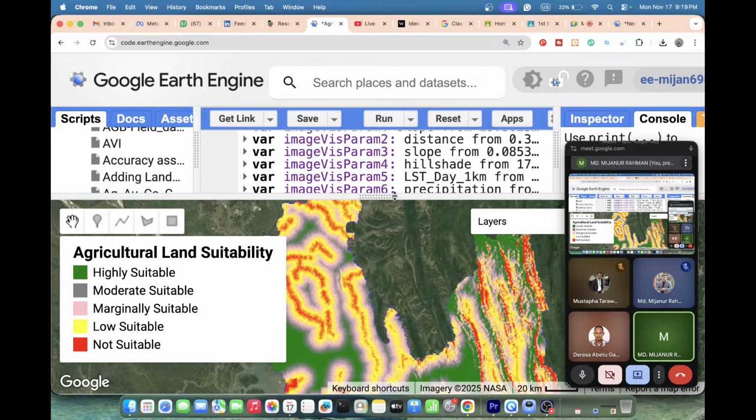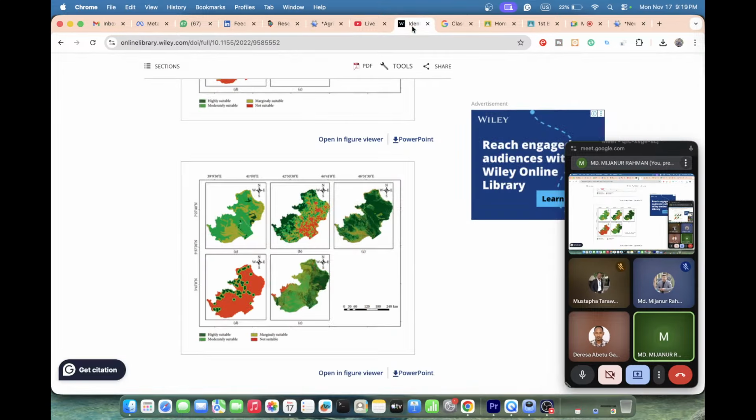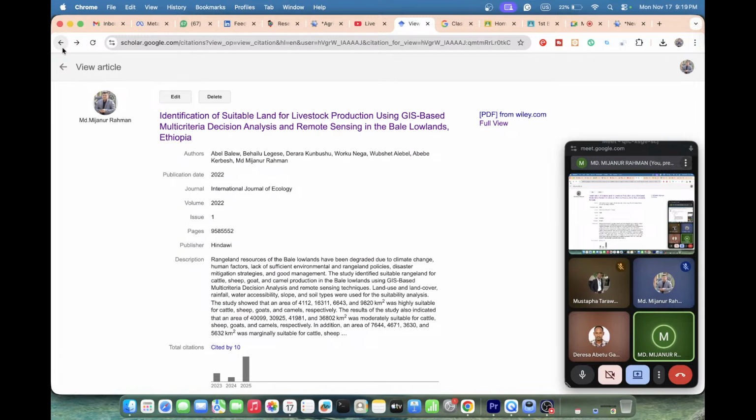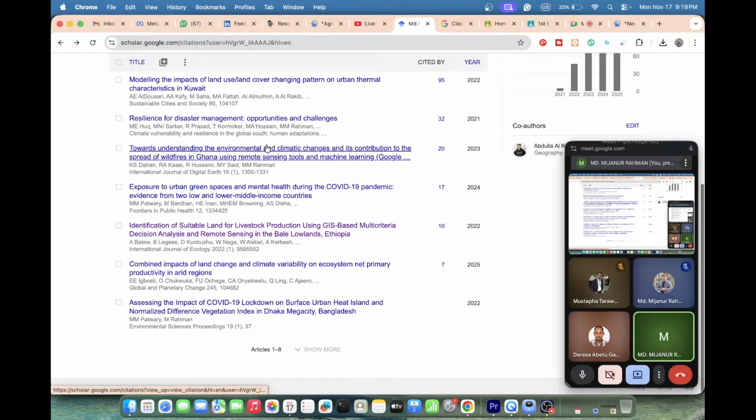So for a lot of purposes we use this suitability analysis technique. And you can easily publish this type of paper for the identification of suitable land for livestock or agricultural land. Okay, you can easily do it.